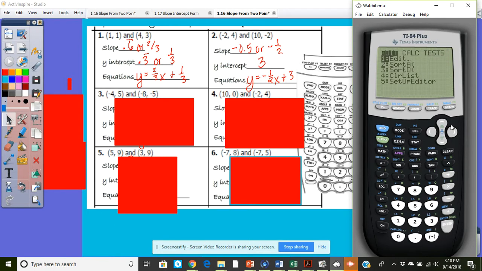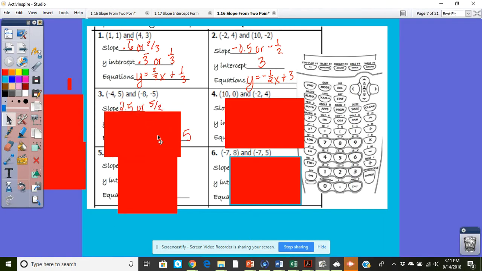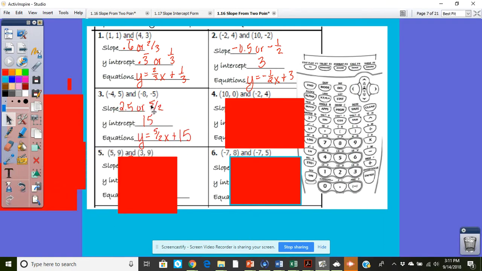So stat, calculate, 4. All right, that looks better. A is 2.5 and B is 15. So slope is 2.5 or 5/2. Y-intercept is 15. So my equation is y equals 5/2 x plus 15.